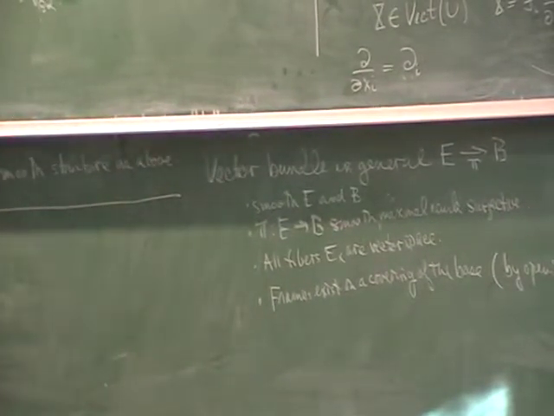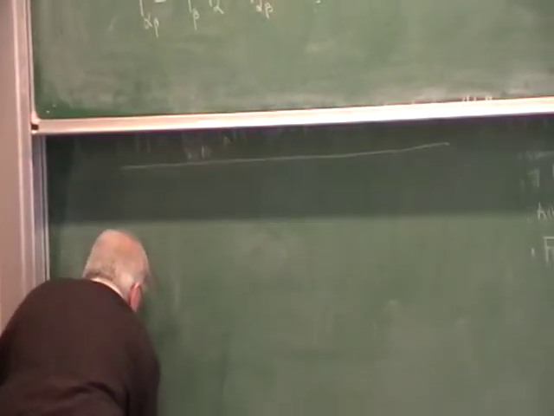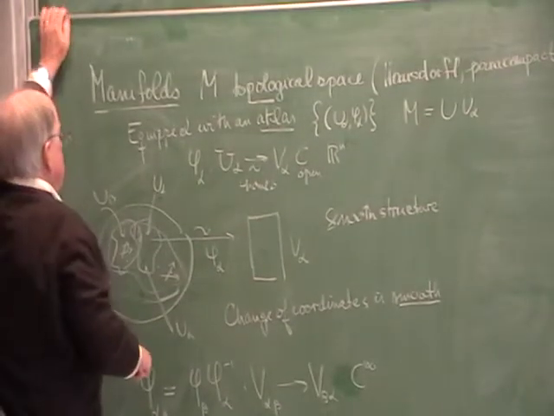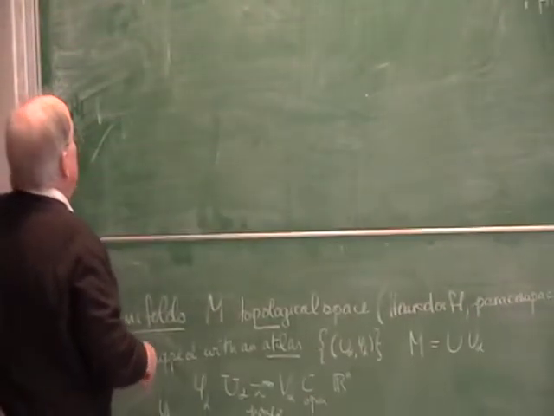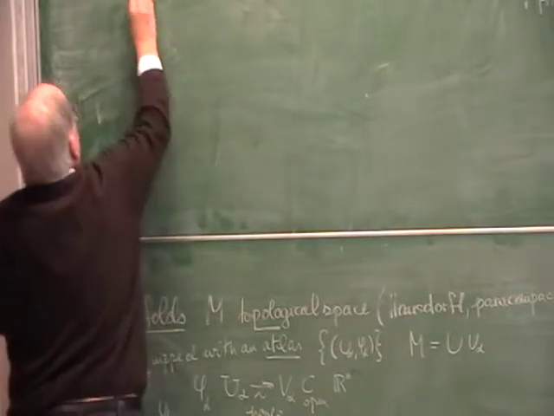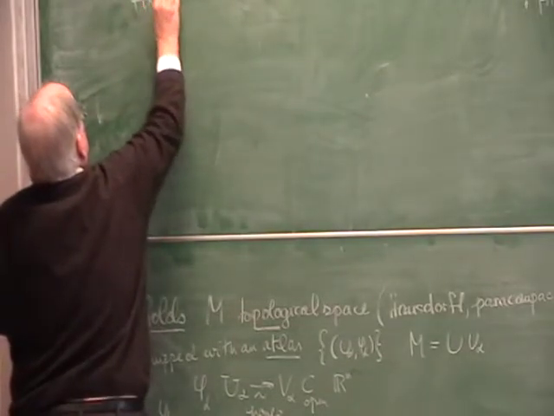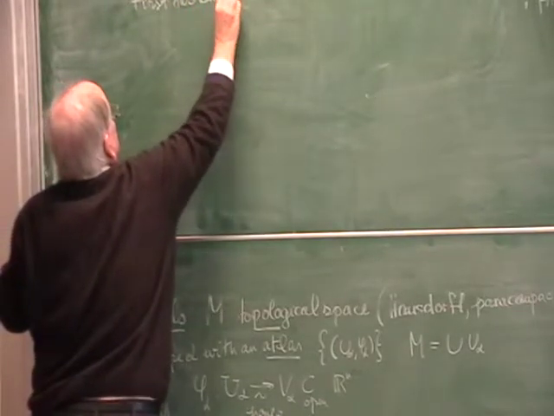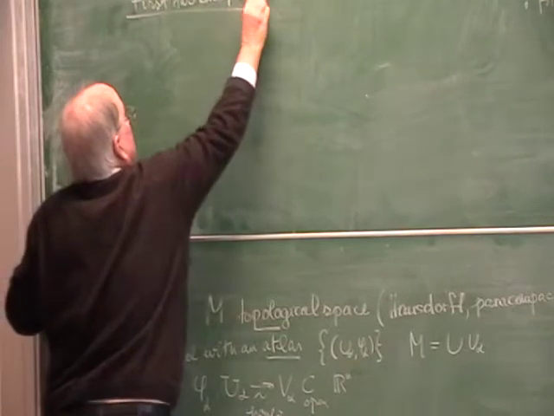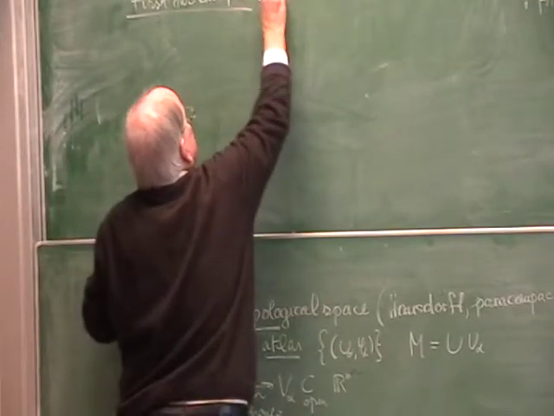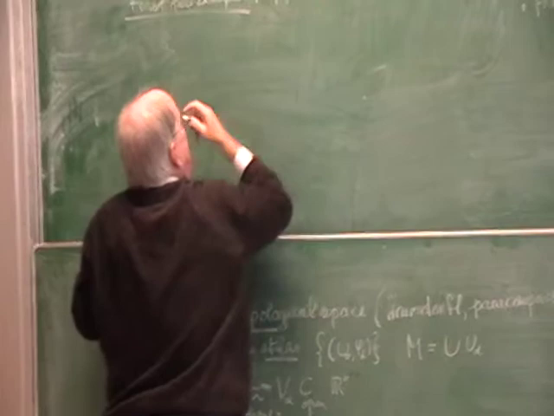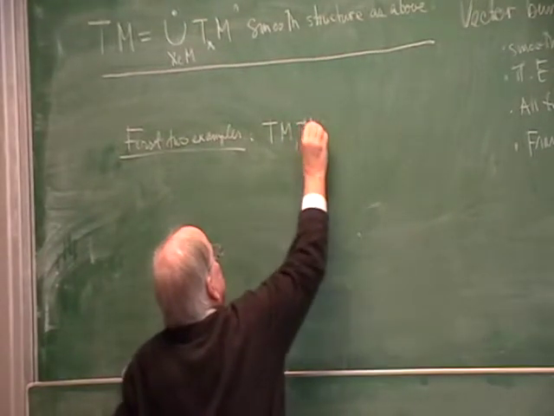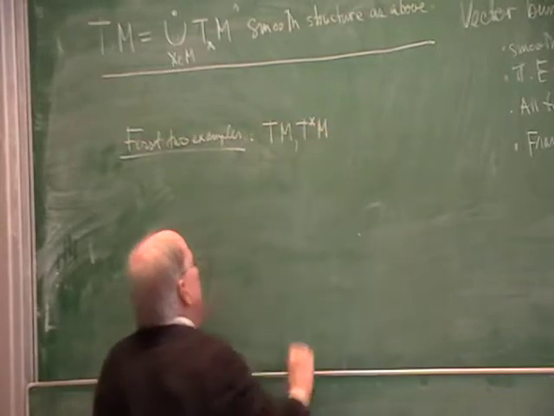The first two examples are the tangent bundle, and a cotangent bundle, which is the dual bundle.